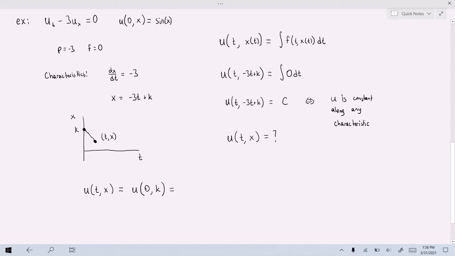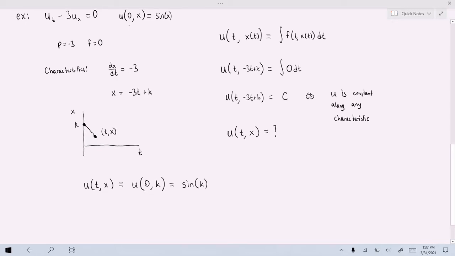And what I can do here is I can now use the initial condition that we had in the problem. So when t is 0, u should be equal to the sine function. So u of 0, k should equal sine of k.